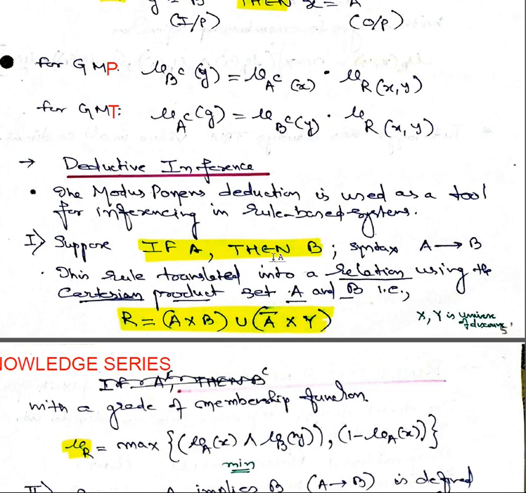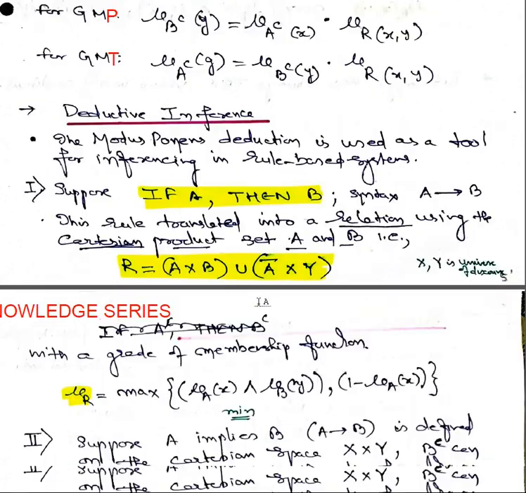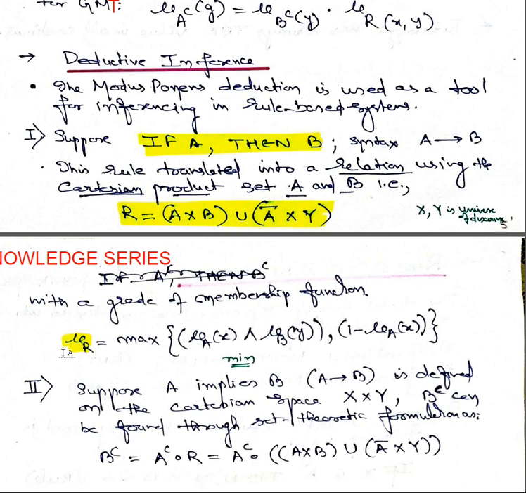In a similar way, if we go across to the representation in terms of membership functions, the membership of R is the maximum of the minimum of the membership of A and B, and the complement of the membership of A. That is how we represent the membership of this relation in inference systems.